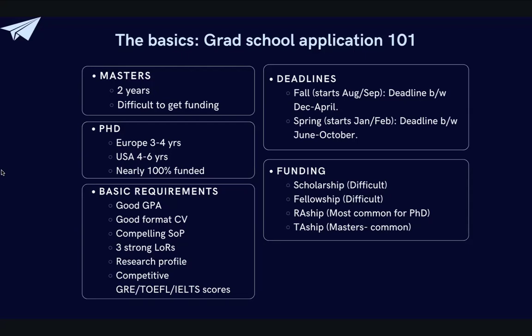For masters, teaching assistantship is common. In teaching assistantship, you have to assist the professors when you are on campus, and that basically includes giving a few lectures and grading a few assignments. It generally coincides with the master's program. That generally happens when you go to the university, meet the professors, and they give you teaching assistantships. So that is a general overview about the funding that you need to know.